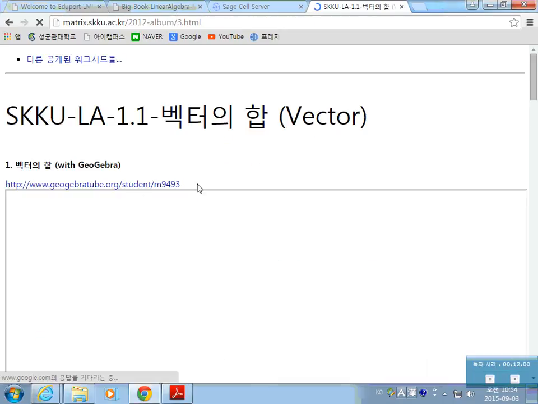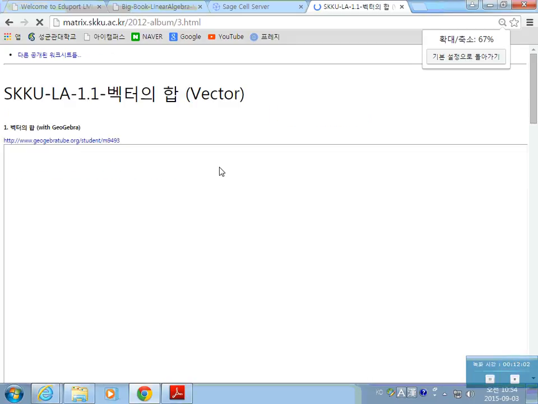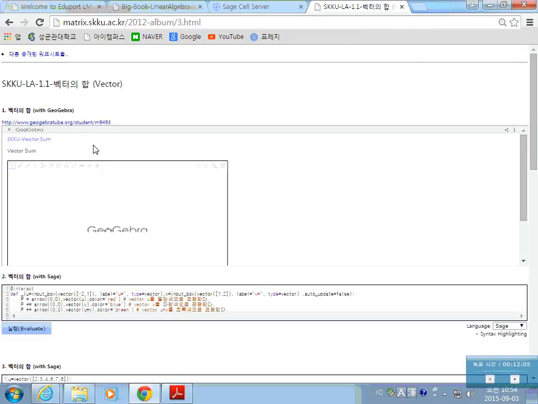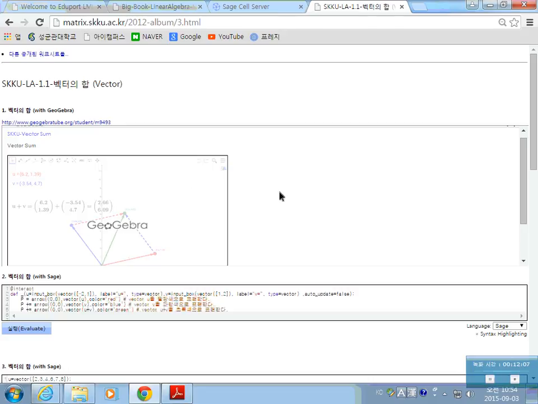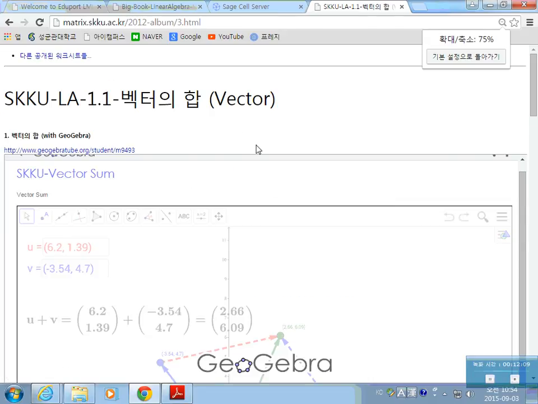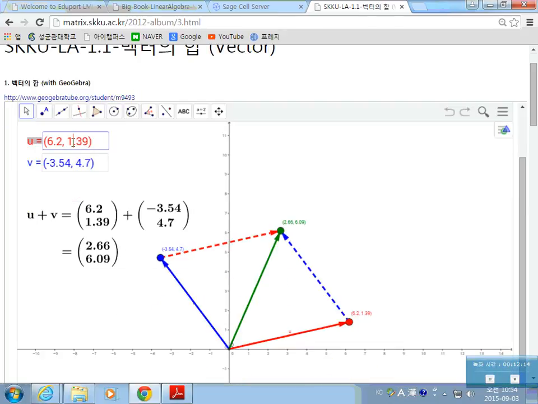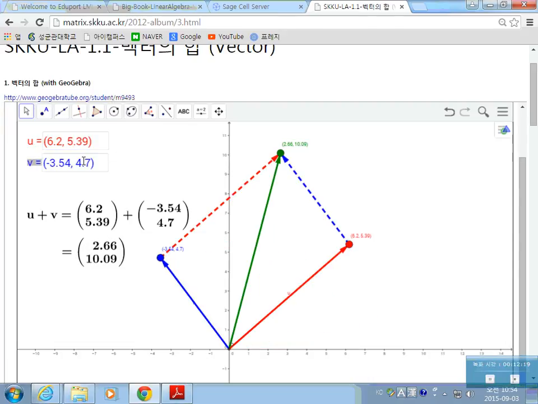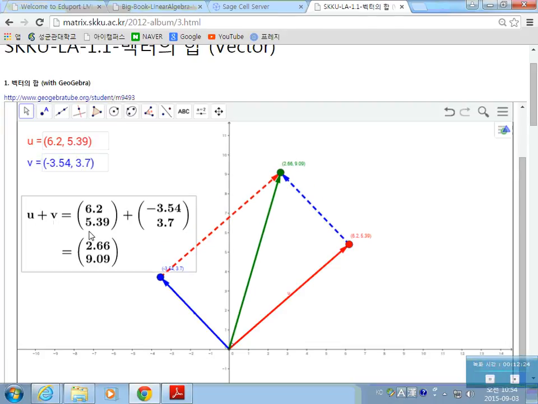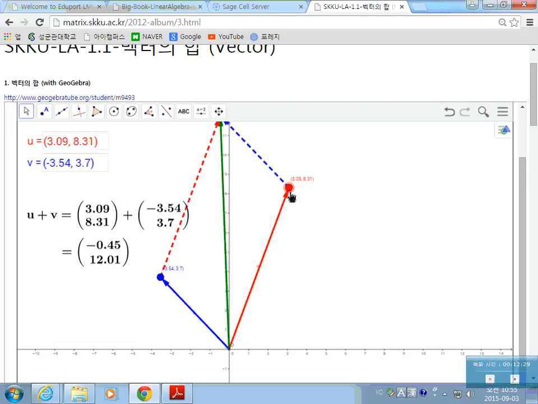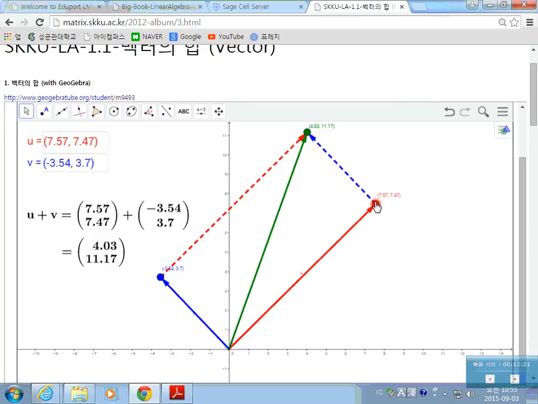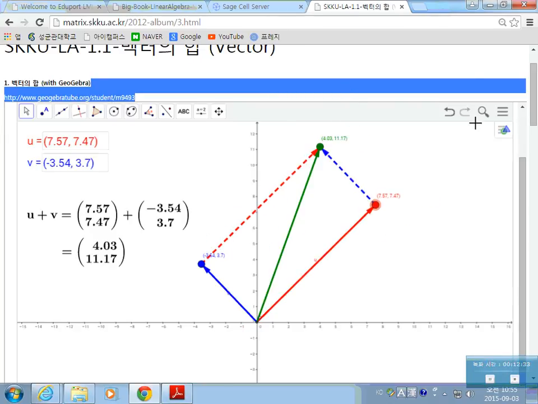For example, this is a simulation tool to show how vector addition and scalar multiplication work. If I give two different vectors, then it will give us the addition of the two vectors that shows this. We can even change this, which shows the vector addition and its simulation.